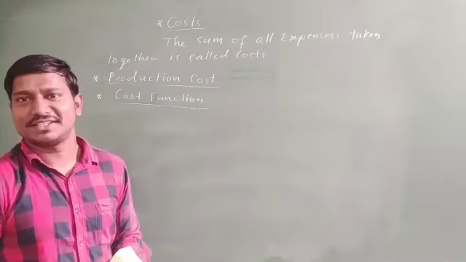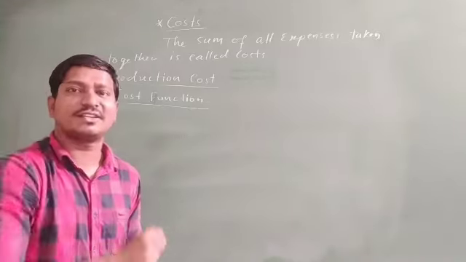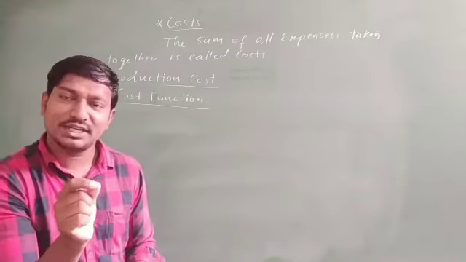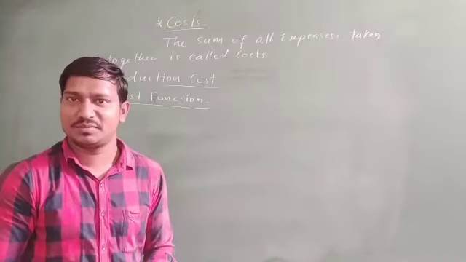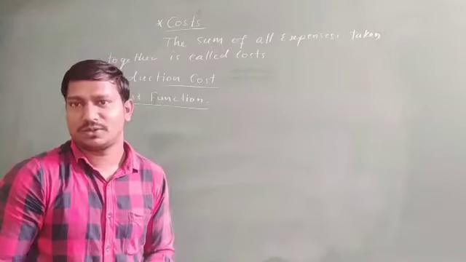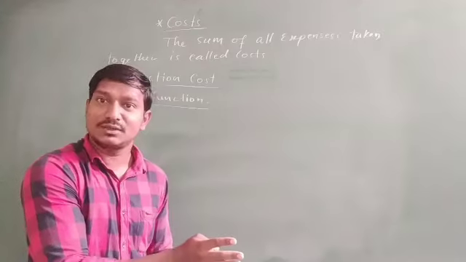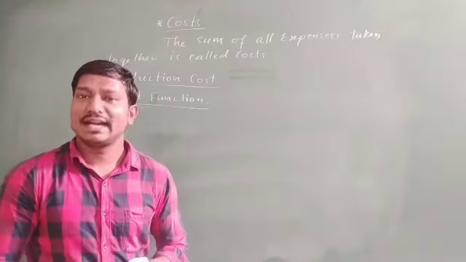Well, cost function. Once you recall, what is the production function? So production function is the functional relationship between input and output. That is factors of production on the one side and output on the other side.